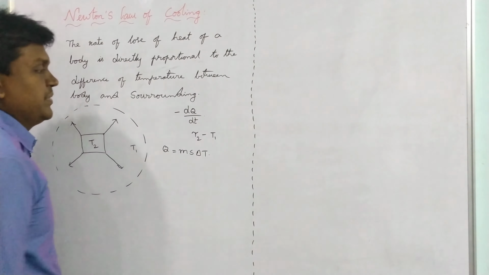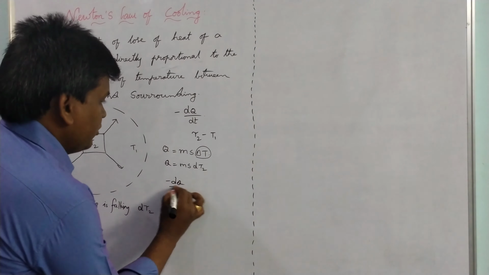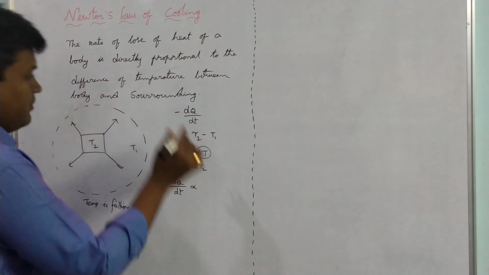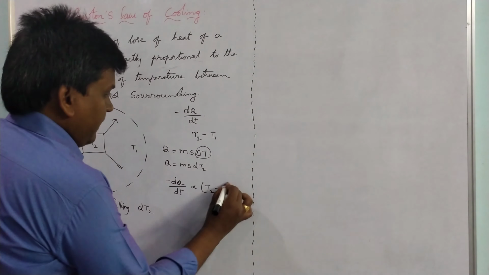From the definition, we can write like this: the rate of loss of heat, that means minus dQ by dt, is directly proportional to the difference of temperature, that is T2 minus T1.